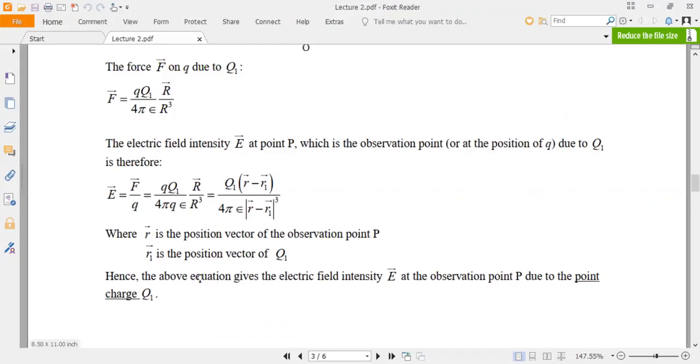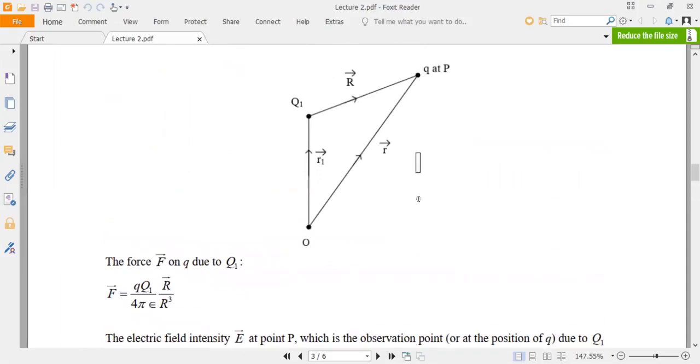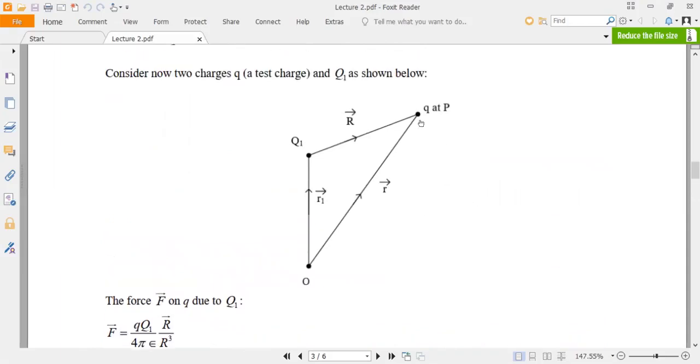So hence the above equation gives the electric field intensity E bar at the position point P due to the existing charge Q1. So I kept this test charge, guys, just for, you can think, just for mathematical purpose.